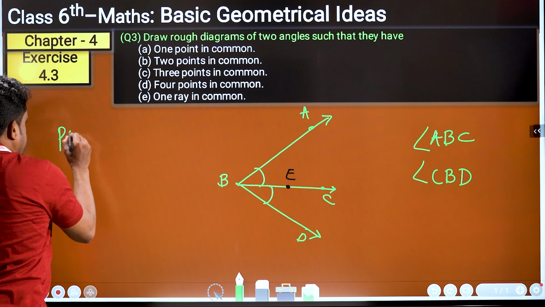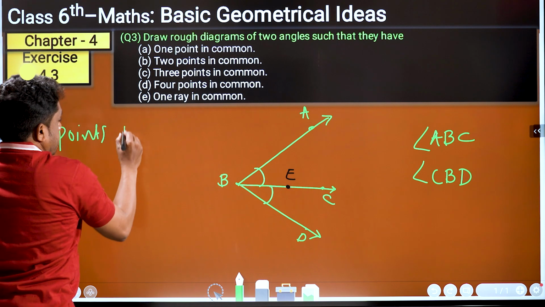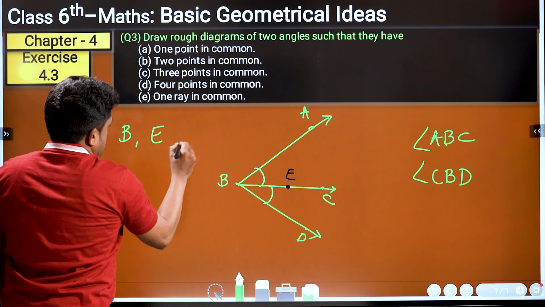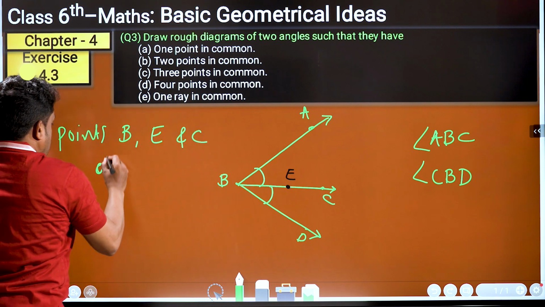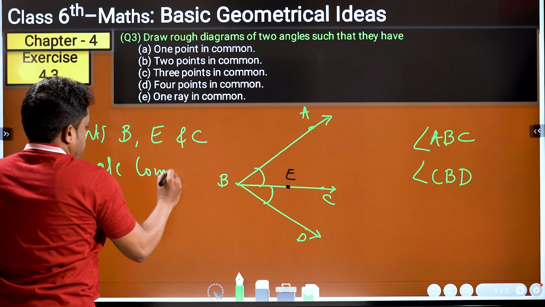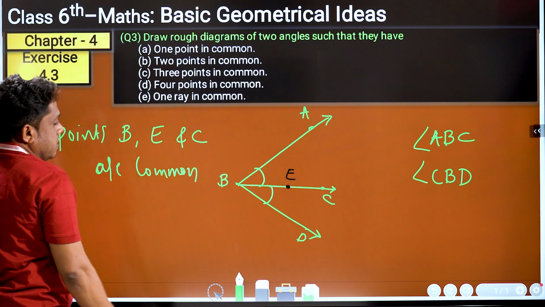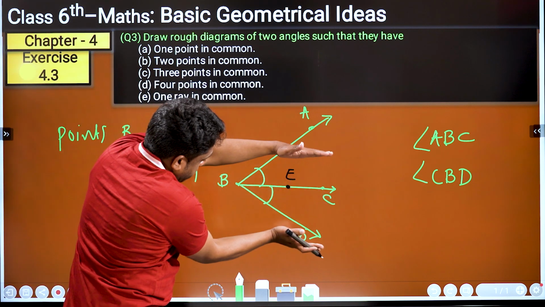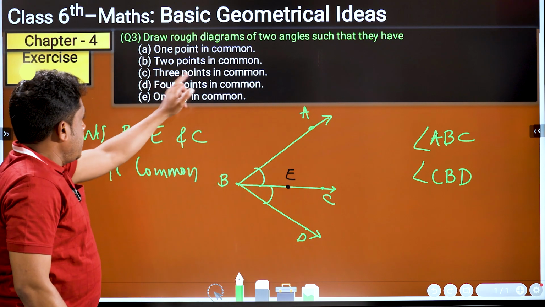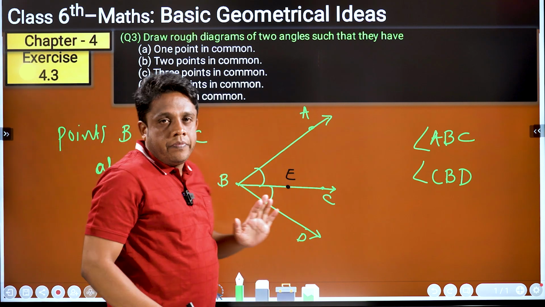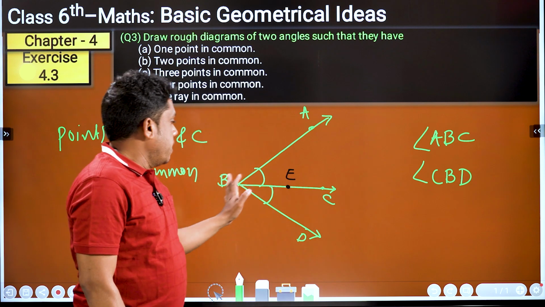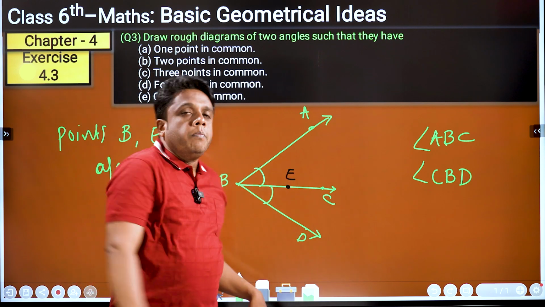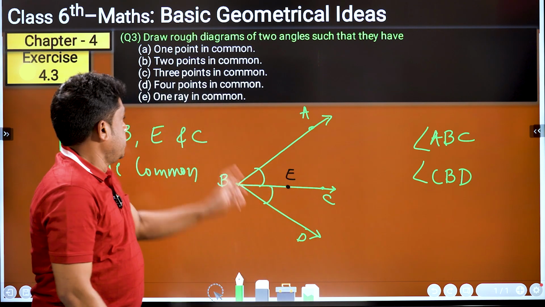The points B, E and C are common for both of these angles, because BEC is common for this angle also. So 3 points in common, correct? So 3 points are common for both of these angles. This is your C part.